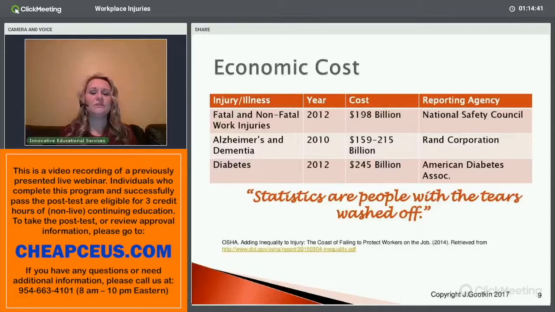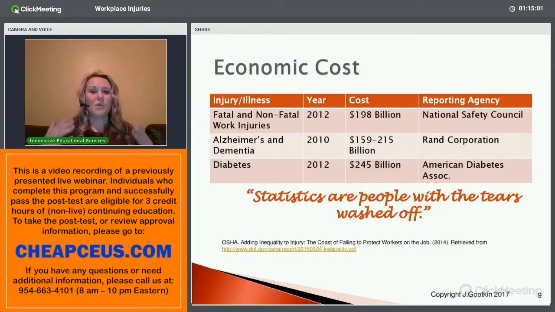In 2012, the cost on society of workplace injuries was almost $200 billion, according to the National Safety Council. To put that in perspective for us as healthcare workers, that's on par with the cost of Alzheimer's and dementia, as well as diabetes, during approximately the same time frame.